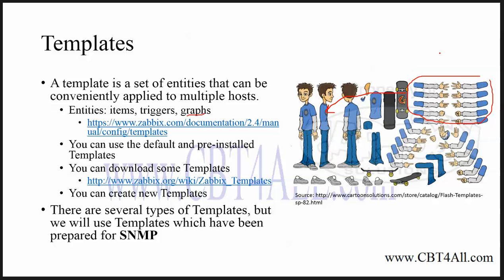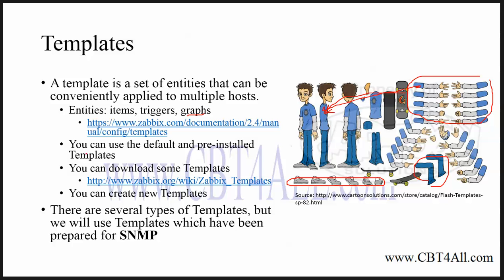So we can attach these hands to this body. We have a pair of shoes. We have a pair of legs, for example, and so on. So a template is a set of entities that can be applied to multiple hosts.